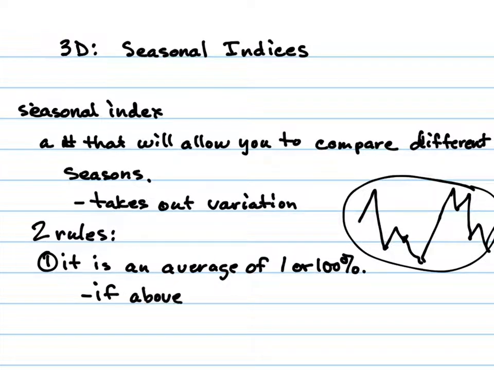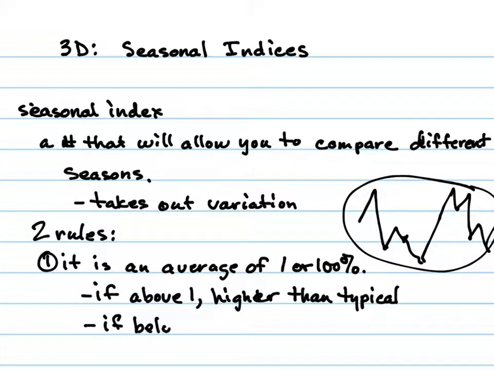If above 1, it's higher than typical. Now again, these are hypothetical, so just deal with the fact that it's going to be higher. If below 1, then it's lower than typical.